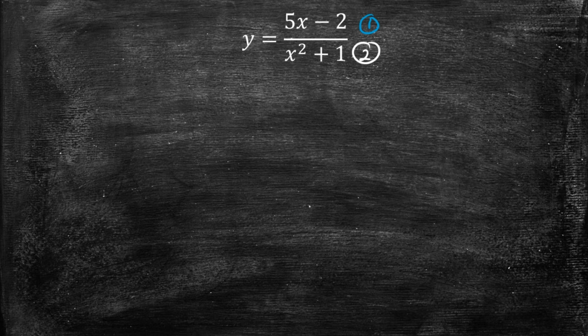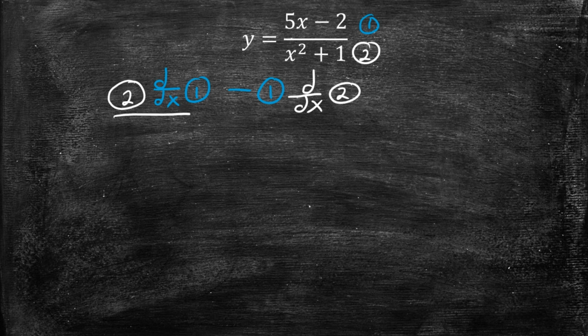We take equation number 2, write it down, and then we take the derivative of equation 1, and that is going to be subtracted by equation number 1 times the derivative of equation 2, all over equation 2 squared.